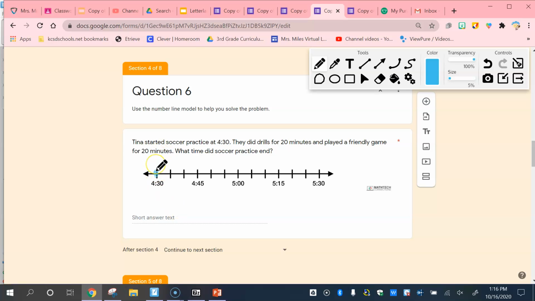So let's see, this is a 15-minute time, so 30, 35, 40, 45. Each dot mark is 5 minutes. So let's go ahead and hop on down 20 minutes. 5, 10, 15, 20. And then after 20 minutes, they played a friendly game. So let's go 20 more minutes. 5, 10, 15, 20.